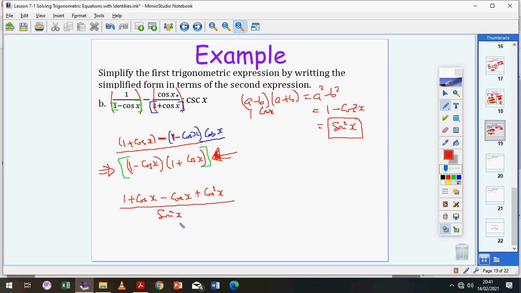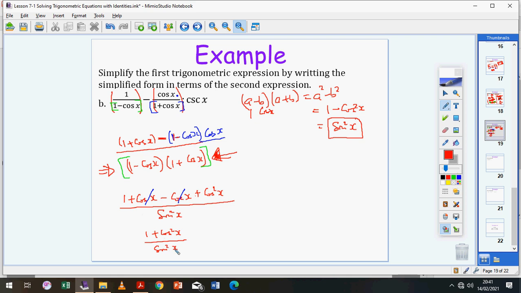Now in the numerator, I have cos squared positive, cos squared negative, those two cancel out, and then I'm left with 1. I hope I'm right. 1 plus cosine squared x divided by sine squared x.